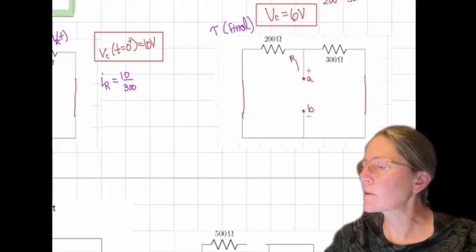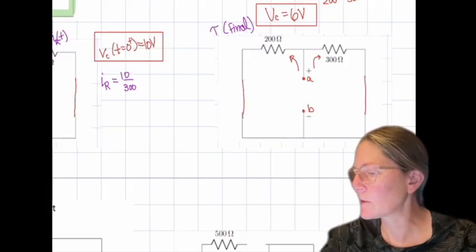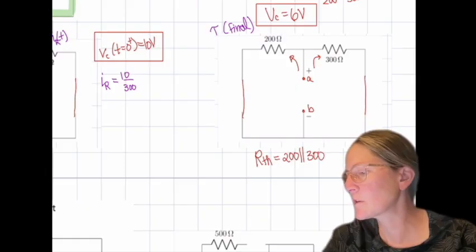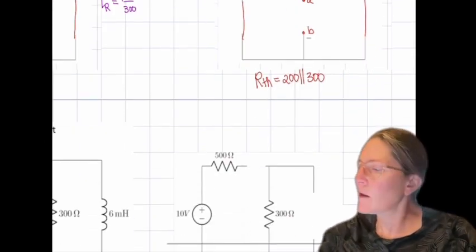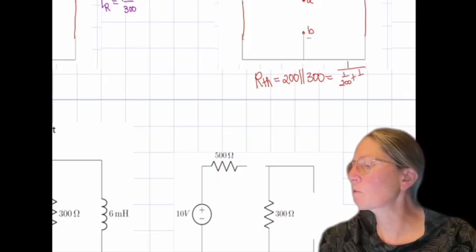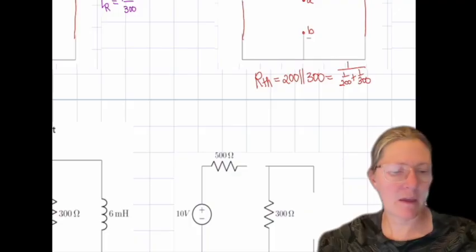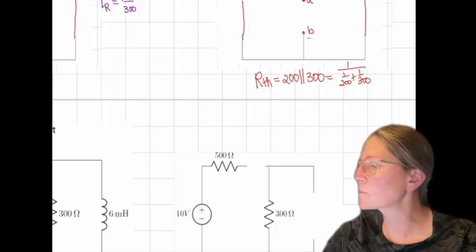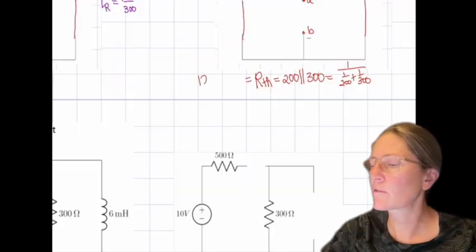I see here that these two are going to be in parallel, so my RTH is 200 in parallel with 300, which is 1 over 200 plus 1 over 300, and that gives me 120 ohms.